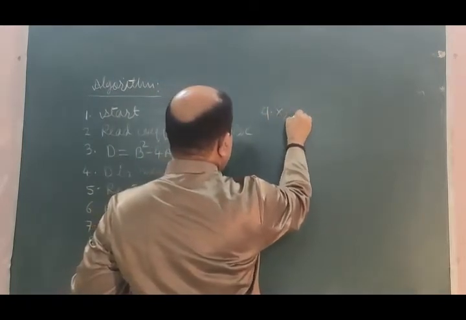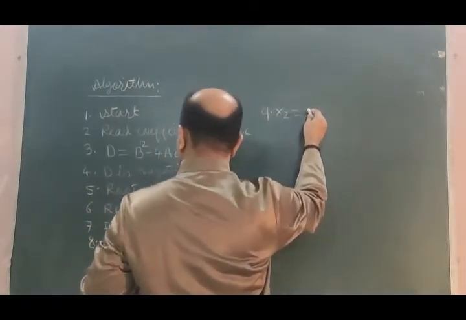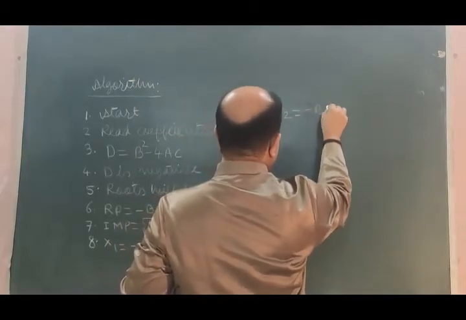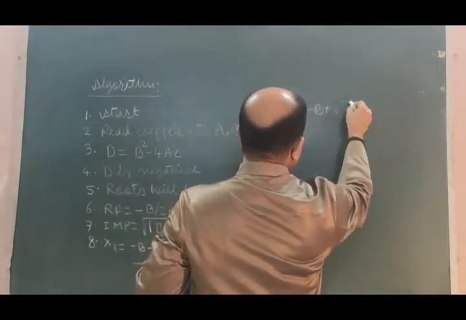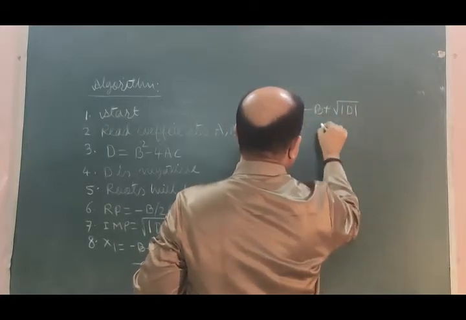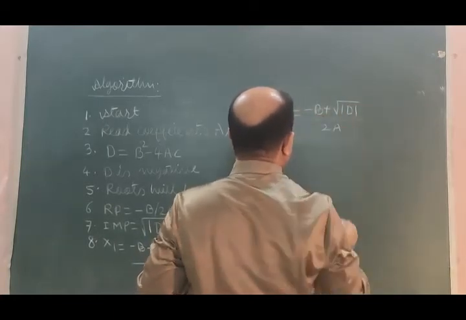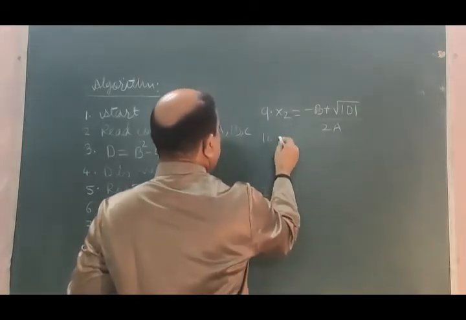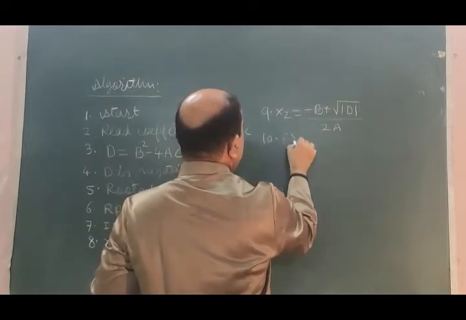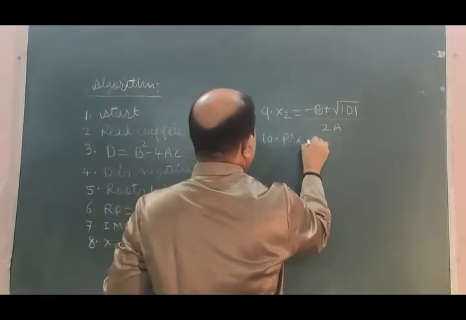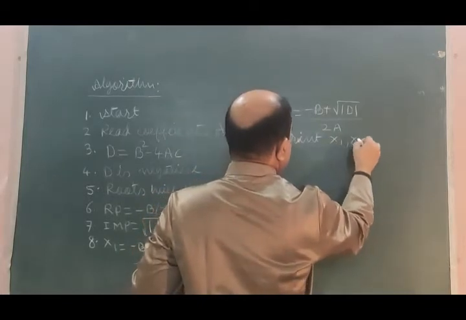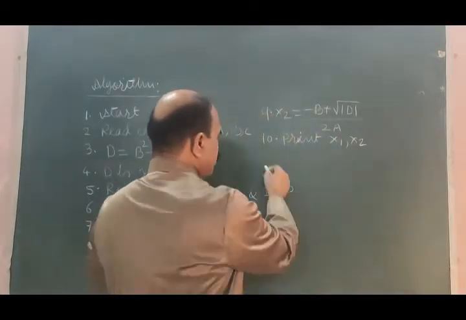Second root x2 will be equal to minus B plus square root of modulus of D whole divided by 2A. Then print x1 and x2.